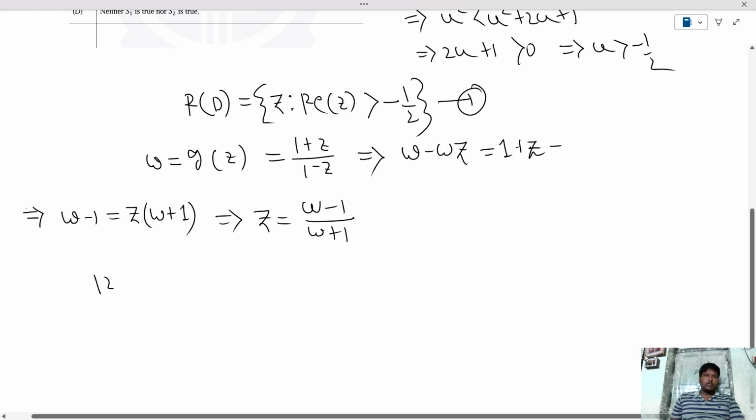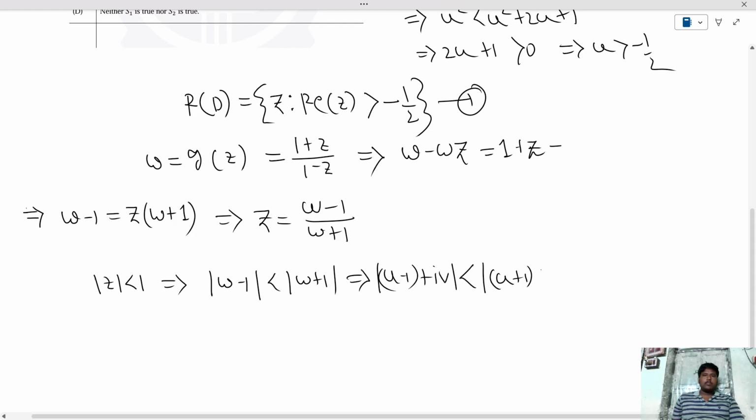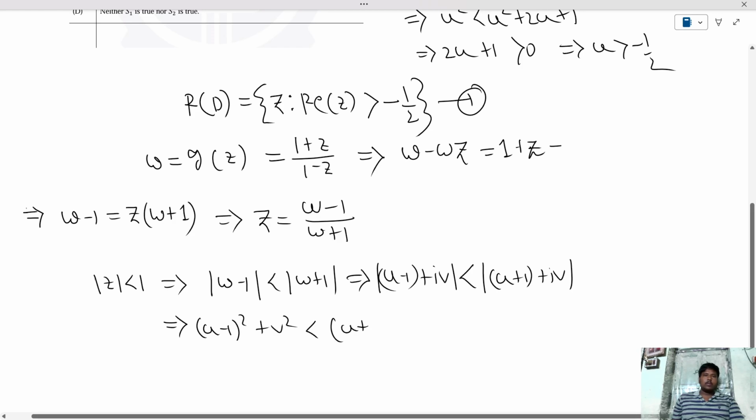So under mod of z less than 1, this implies mod of w minus 1 is less than mod of w plus 1. This implies mod of (u minus 1) plus iv is less than mod of (u plus 1) plus iv. So this gives (u minus 1) square plus v square less than (u plus 1) square plus v square.